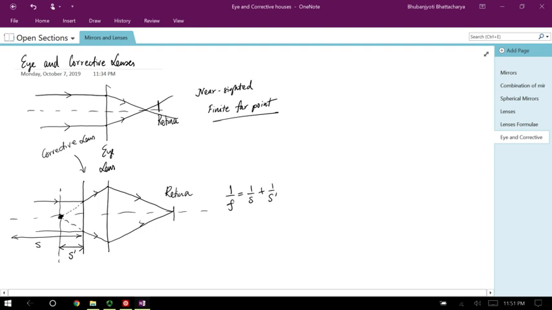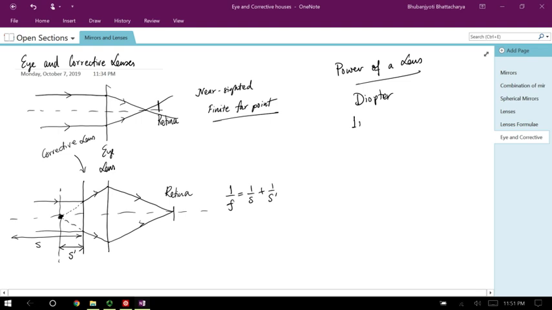Okay. For these kinds of lenses, for corrective lenses, often the term that is also used is power of a lens. Power of a lens is usually measured using a unit called diopter. Okay, so power of a lens is measured in diopters. And what is a diopter?